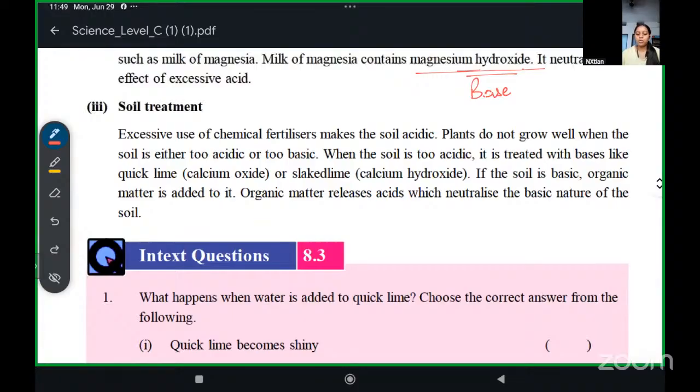Plants do not grow well when the soil is either too acidic or too basic. Do you know that everything has an acidic or basic level, a pH level? Our body, the soil, water. But water is neutral.